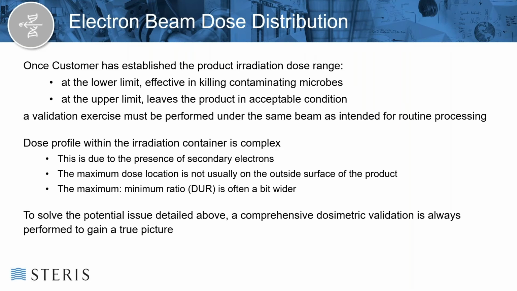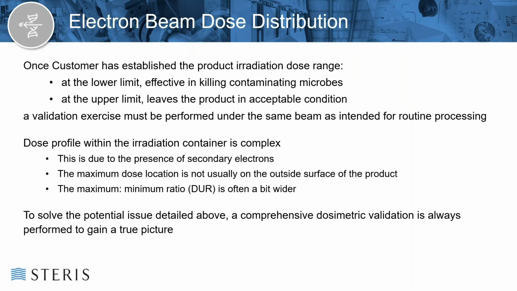We need to establish the dose distribution within the product volume in the beam that we want to routinely process it in. And that is what we're calling our dose map of our product. It's our performance qualification of the product. We can't transfer that exercise from one beam to another.